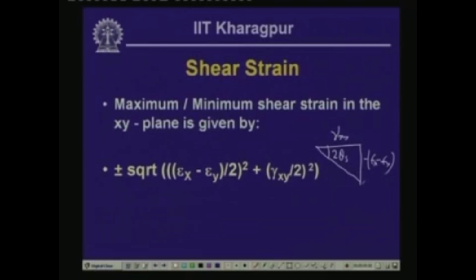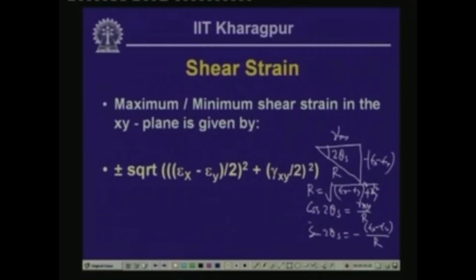So, tan 2 theta s is equal to minus epsilon x minus epsilon y by gamma xy, and then the value of r is equal to the root of epsilon x minus epsilon y square plus gamma xy square. Hence, cos 2 theta s is equal to gamma xy by r, and sin 2 theta s is equal to minus epsilon x minus epsilon y by r.